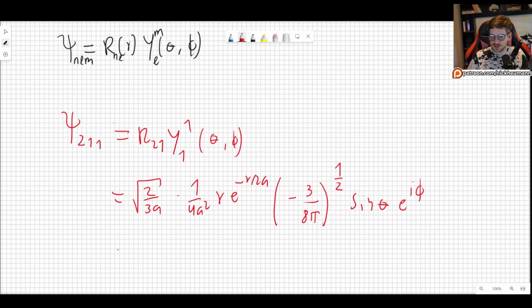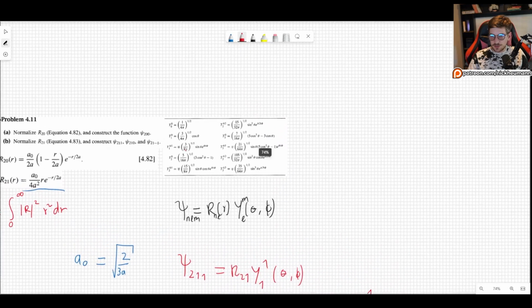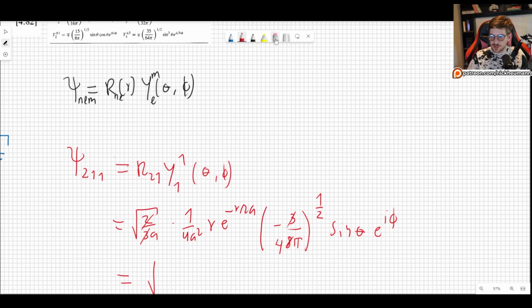Is there anything we can really simplify here? A little bit, there is actually. So in the square root, this 3 cancels out with this. This turns this 8 into a 4. And by the way, I just saw the minus sign. I put it inside of the square root. I'm not supposed to do that. So that's kind of a blunder here. So let's just put it in front. Otherwise, that really is very bad.